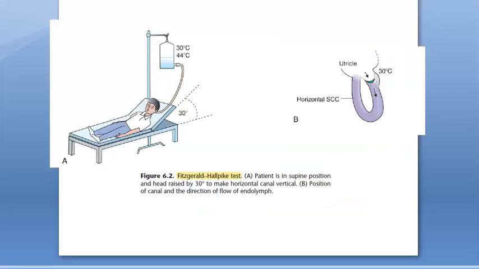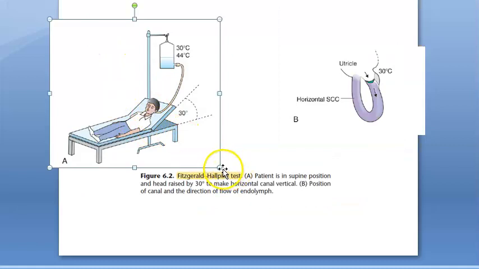Let's look at the procedure now. We take the patient and tell him to lie supine with the head tilted 30 degrees forward. He is supine and then his head is brought up by 30 degrees. So what will happen?